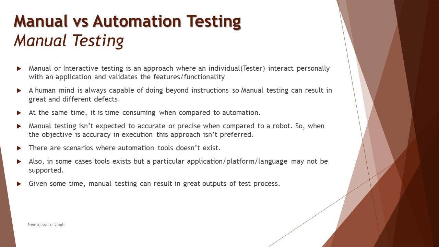Now, putting that in the context of manual testing, it is not expected to be accurate or precise when compared to a robot, because a machine is capable of doing things precisely and accurately to meet the exact information you may need. A manual tester, being a human interacting with the system, may not be accurate to certain decimal values.